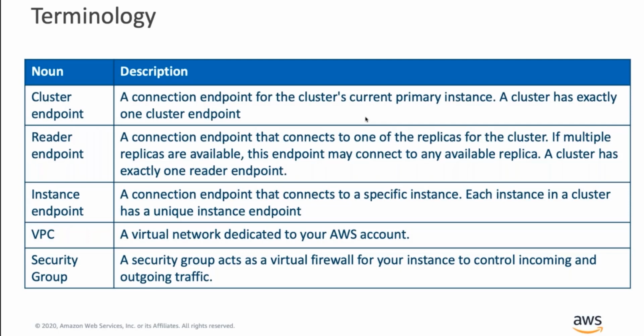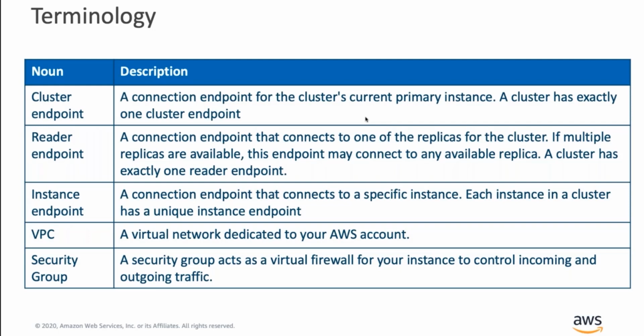And the last one is instance endpoint. The instance endpoint is specific to each instance in your DocumentDB cluster. So for instance, if you have 15 DocumentDB instances, then you'll have 15 instance endpoints. The last 2 are AWS concepts, which are VPC and security groups. VPC is essentially a virtual private network that is dedicated to your AWS account.